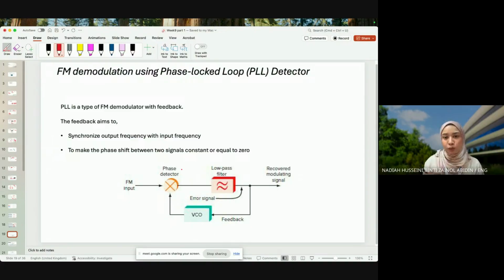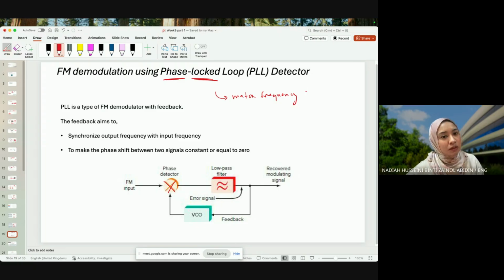Okay, so let's continue with PLL, phase locked loop. The word phase, the word lock, and the word loop. Here we are comparing phase using a phase detector. That's why it's called phase. What does it mean by lock? Lock means that you are trying to match the frequency.